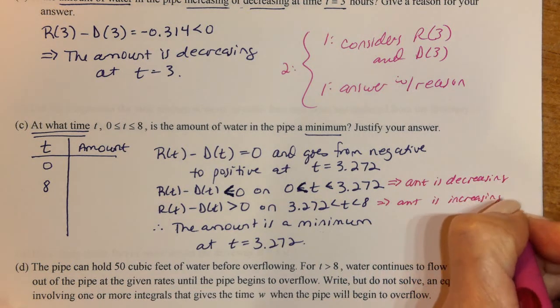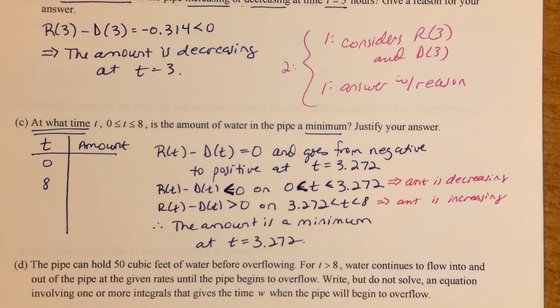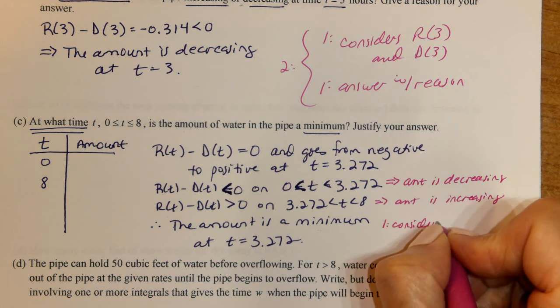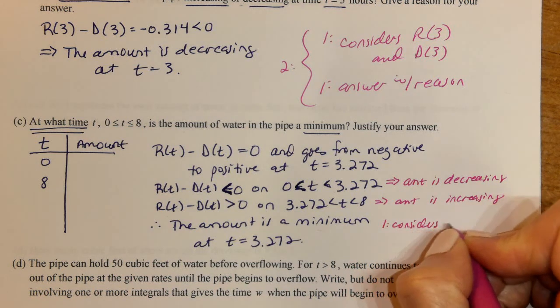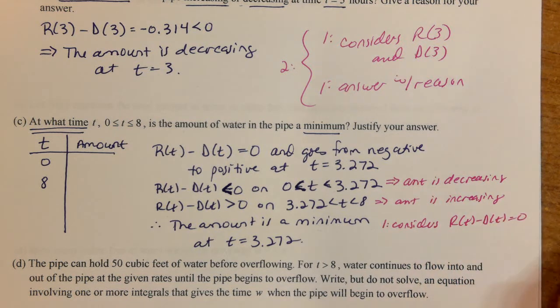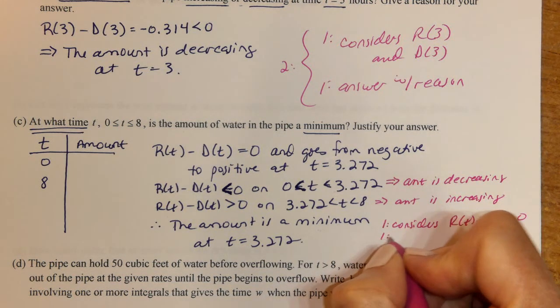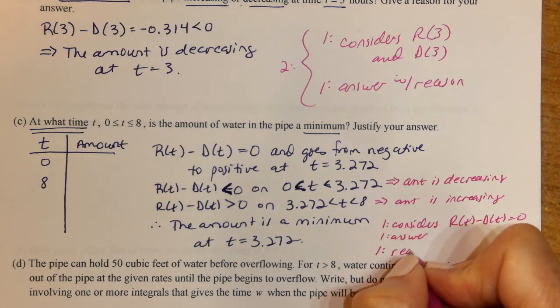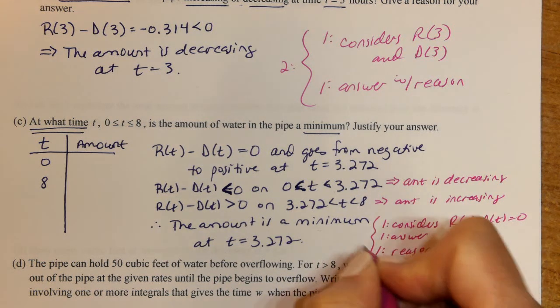You can say that, but it's not required to say that. This was worth 3 points. 1 point for considers R minus D is equal to 0. 1 point for our answer, and 1 point for the reason, the justification.